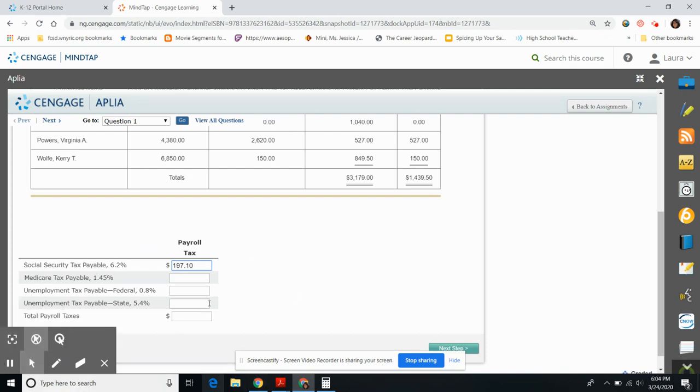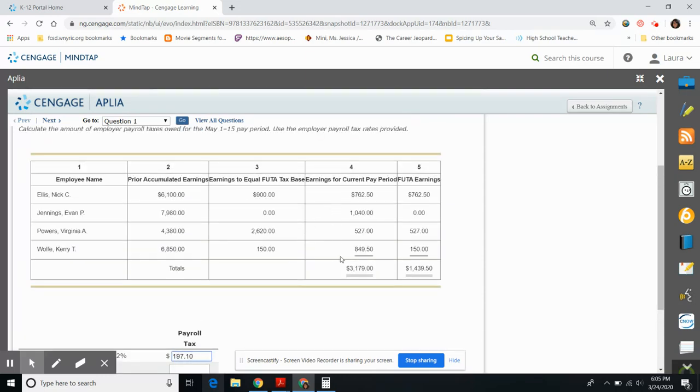The second one you are going to calculate is the Medicare tax. We know that's 1.45%, so move the decimal over 2 places and it's 0.0145. You're still multiplying by the current earnings, so that 3179.